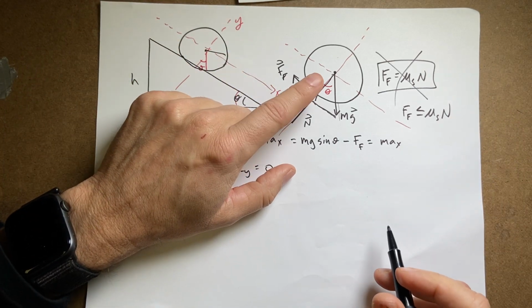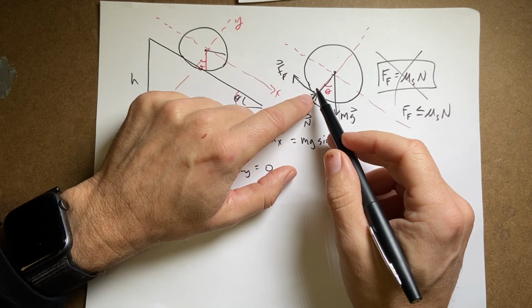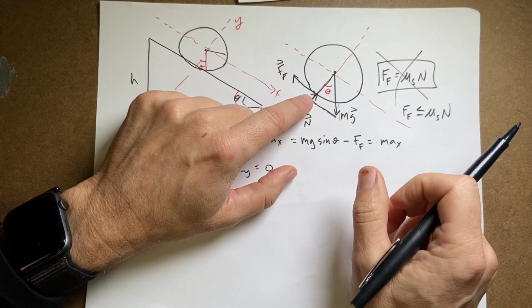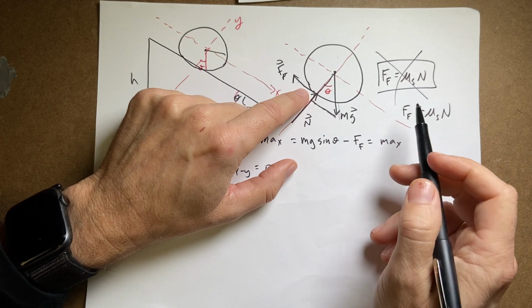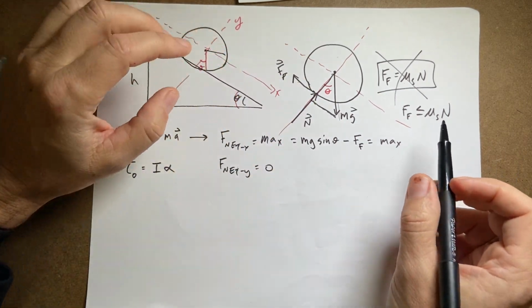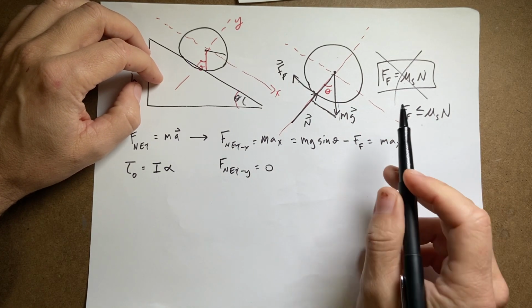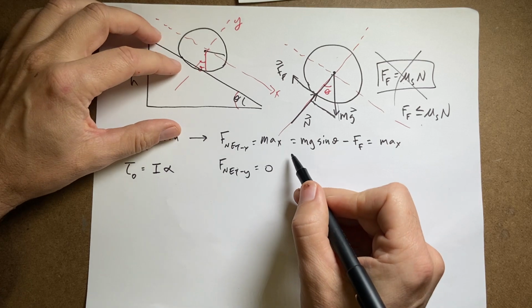So if you did this to calculate the frictional force, you may give it too much torque and it would actually rotate too fast. In fact, friction does whatever it needs to do to prevent it from slipping. That's it. So we can't use this to find the frictional force. So we're just stuck with this right here.